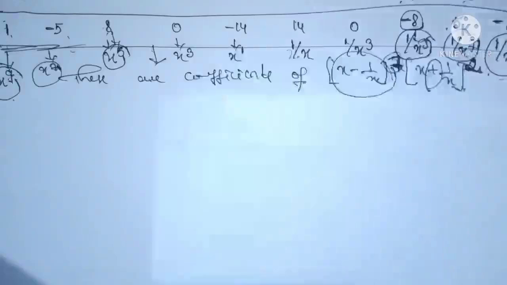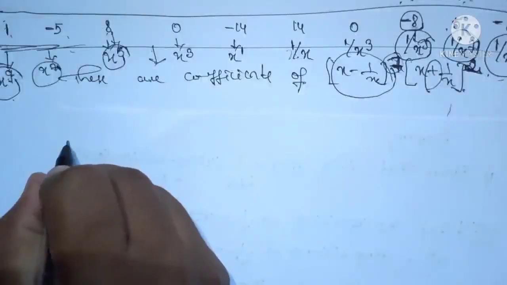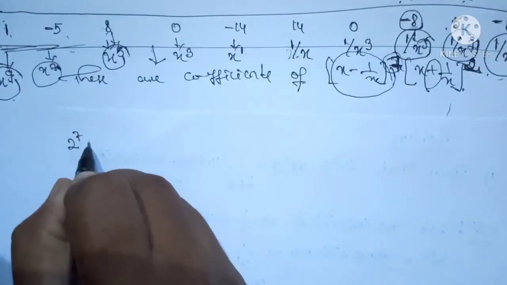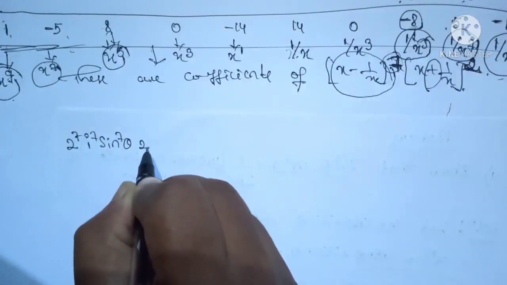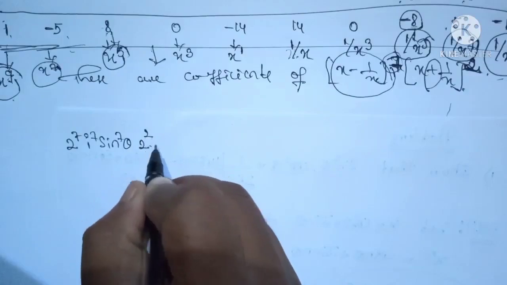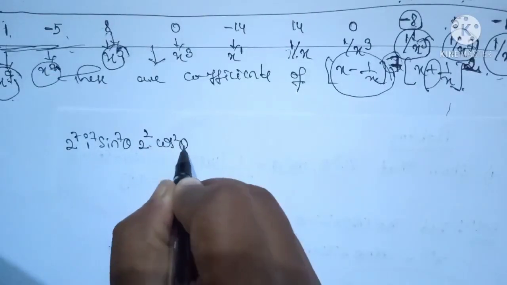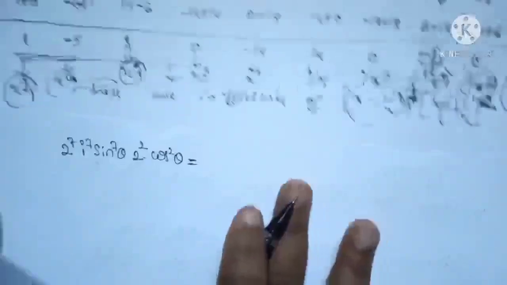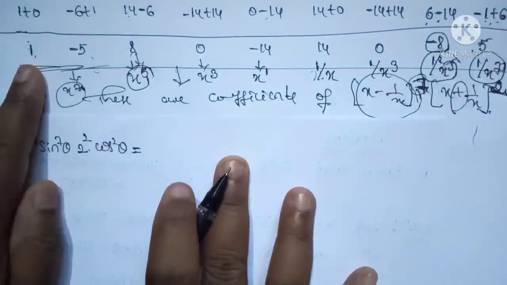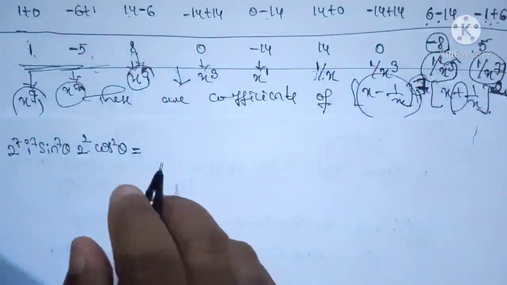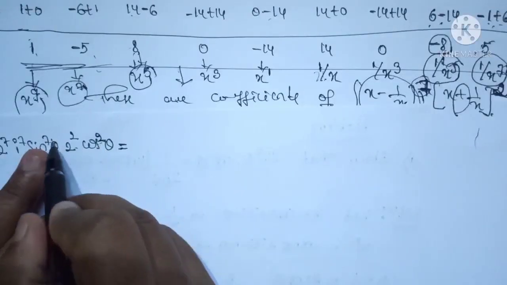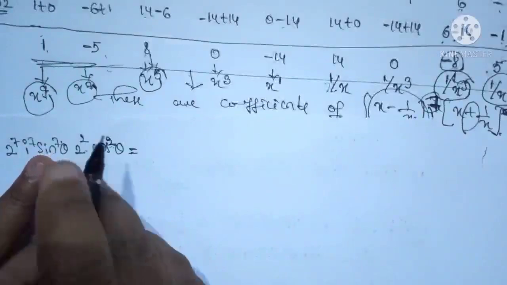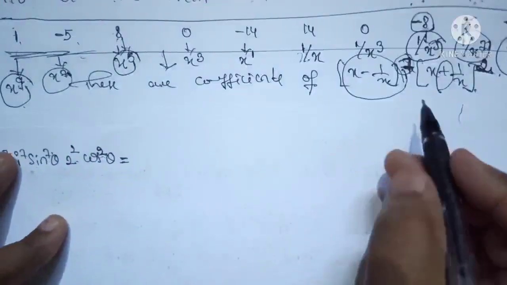So with these coefficients, the further step we write: 2 power 7, i power 7, sin power 7 theta, into 2 cos square theta, which can be written with the help of these constants. Here the constant is 1. Once again I repeat: you add these two powers, 7 plus 2 equals 9, the maximum power.